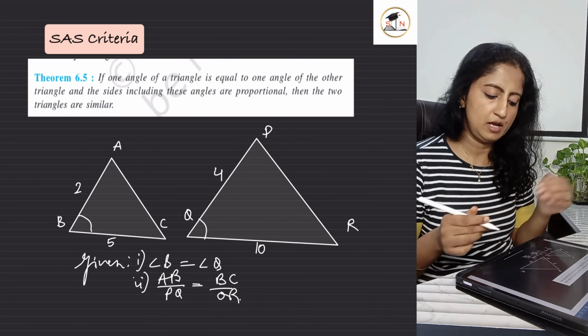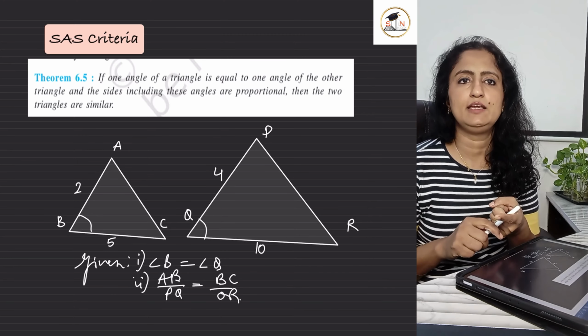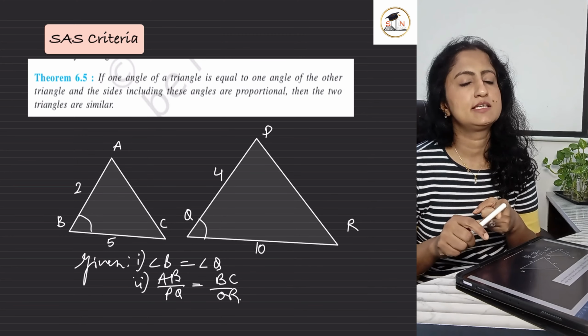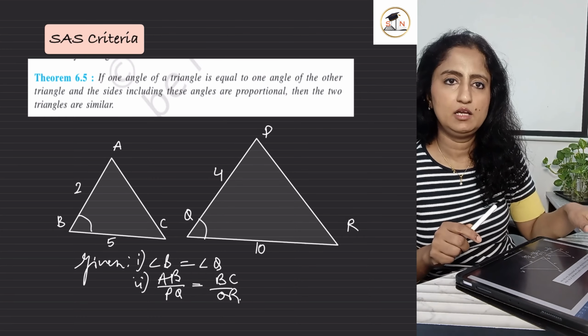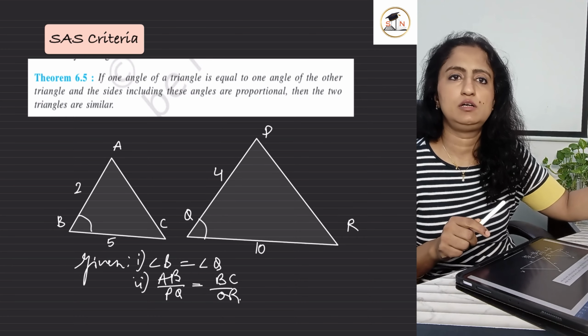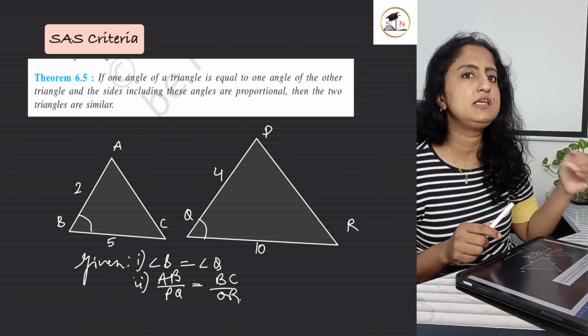And what is this called? हमने क्या किया है? एक एंगल लिया, दो sides ली. So we got SAS. This is the SAS similarity criteria for similarity. Congruency में सब equal होता था, यहाँ पे equal नहीं है. यहाँ पे साइड्स प्रोपोर्शन में है, एंगल्स इक्वल है.